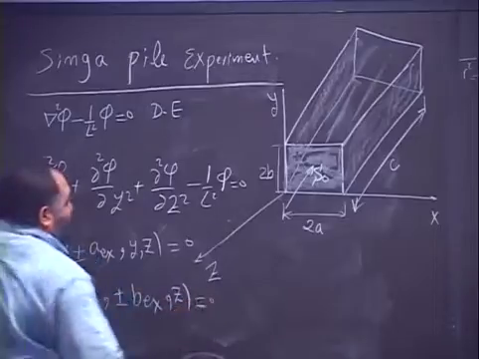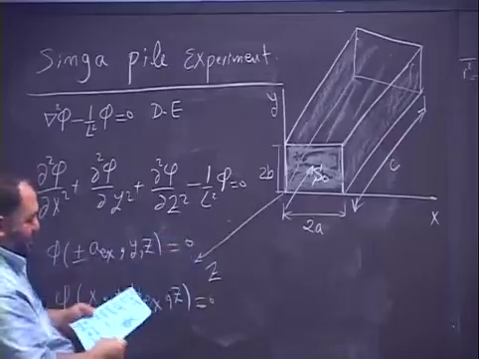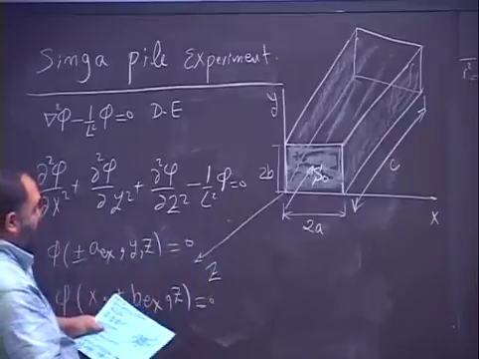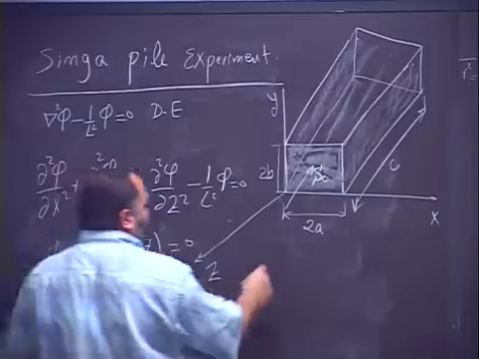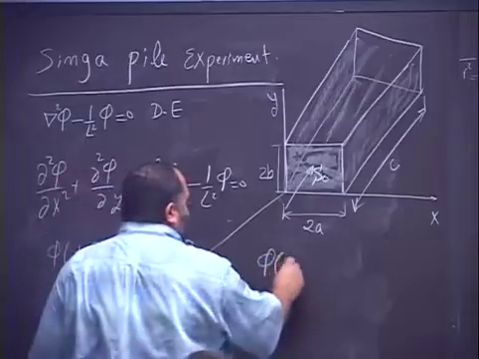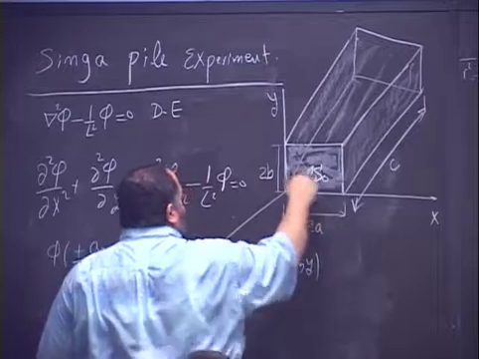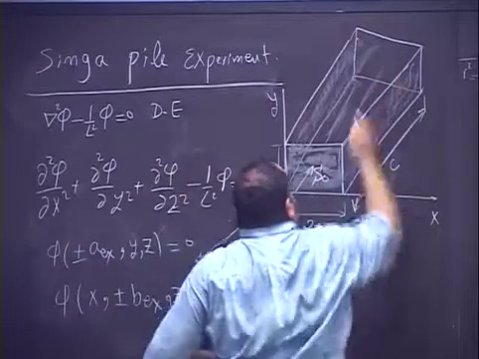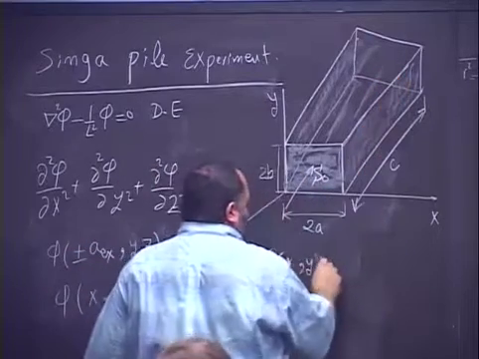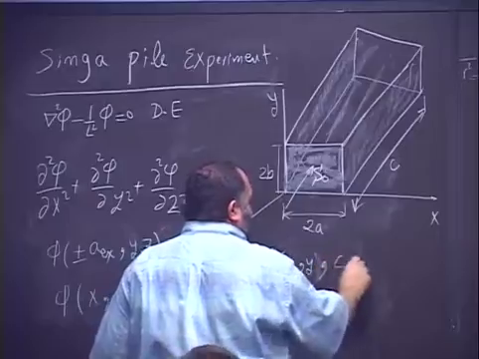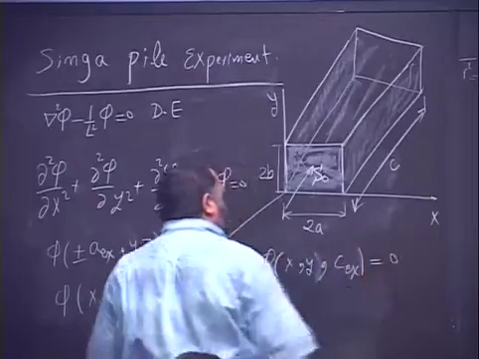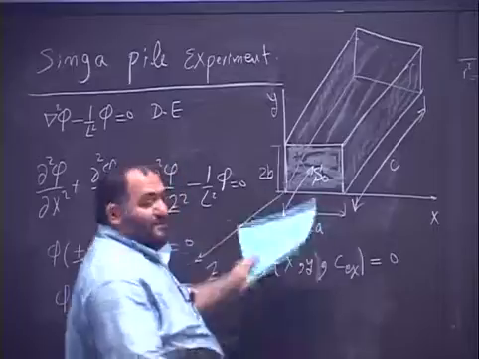And in the c direction, what's the boundary condition? Flux at x, any y, but at this surface, which is c extrapolated, should be equal to what? 0.